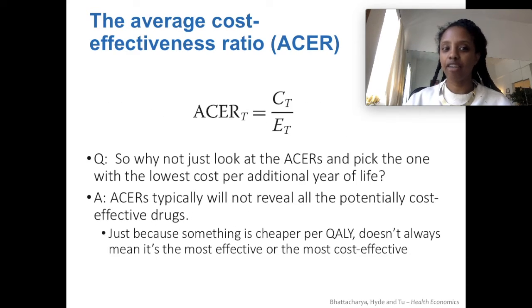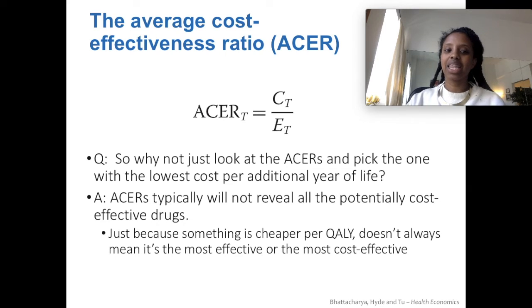There's also the average cost effectiveness ratio, where it's just the cost over the outcome, where you're not comparing two different things. But the thing is, you might think, oh, why not just do that for each of the treatments and see which one is the lowest cost per additional, let's say, year of life or reading disability reduction.